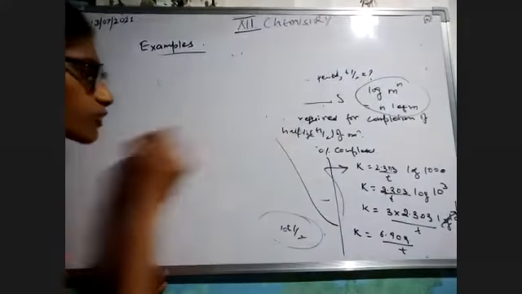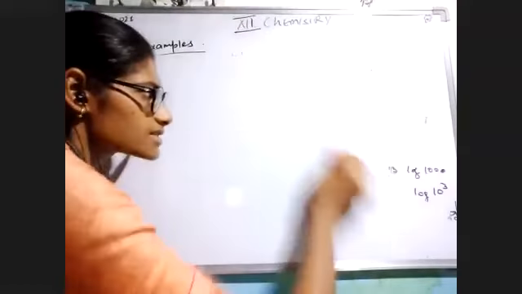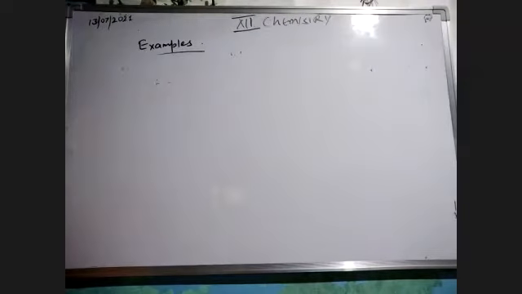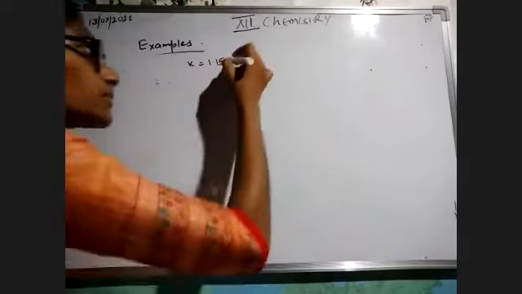And then we will move to our next topic, that is pseudo first order kinetics. But before this, just have a single one more question. This is the question. This is unsolved question. In your in-text question, this is going to be. Okay. The question is, a first order reaction has a rate constant k equals to 1.15 into 10 raised to power minus 3 per second.